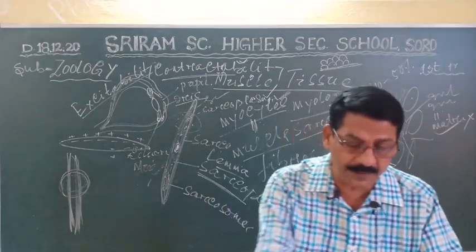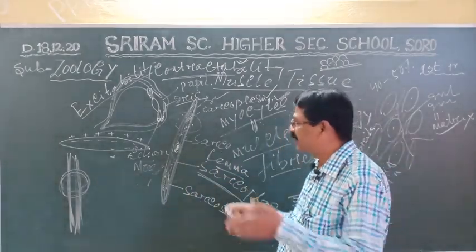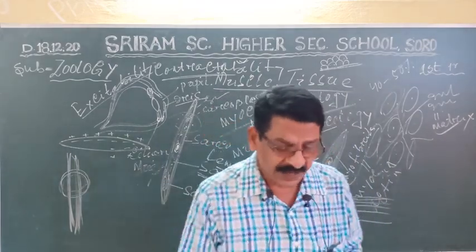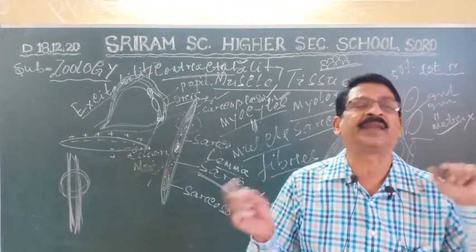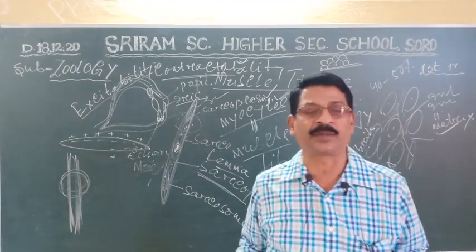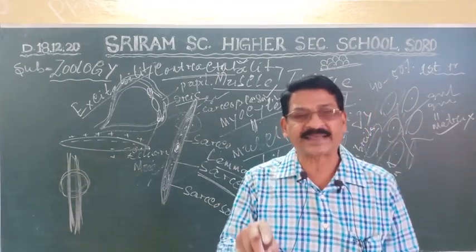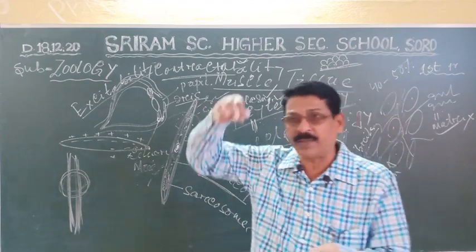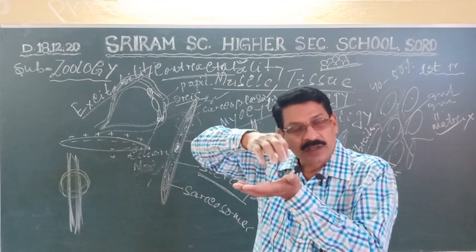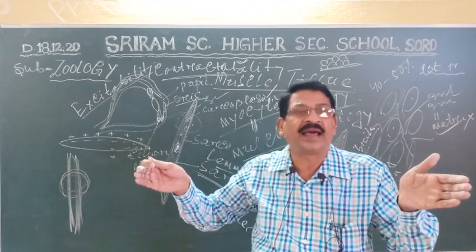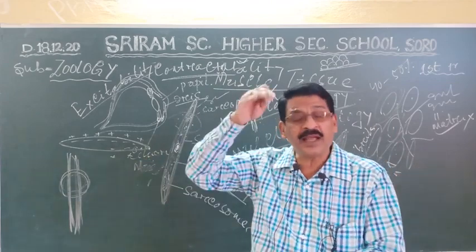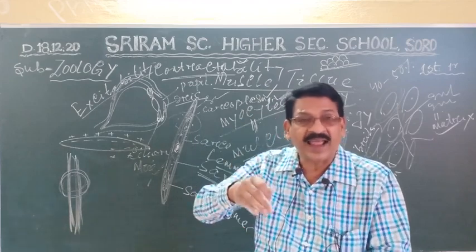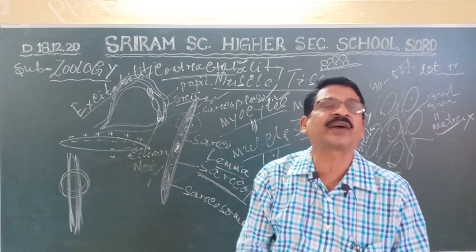The body will become short, and actually the muscles always remain in pairs, and they act in an antagonistic way. Antagonistic means opposite. When the longitudinal muscles contract, the circular muscles relax at the same time. So simultaneously both the muscles are acting in an antagonistic way.